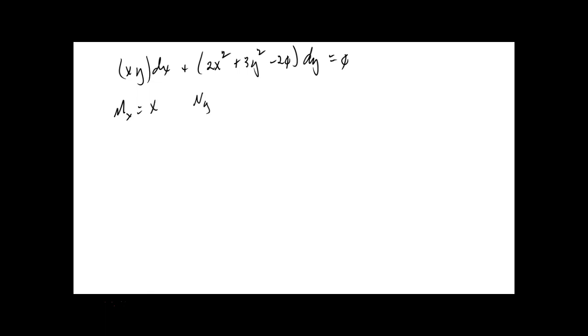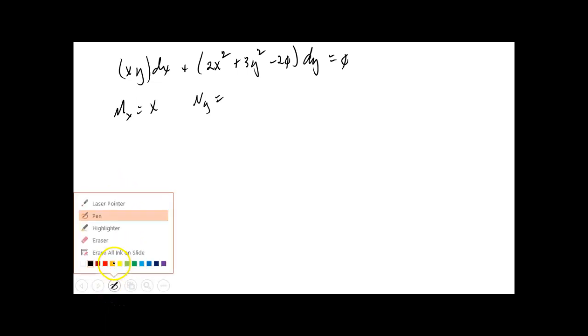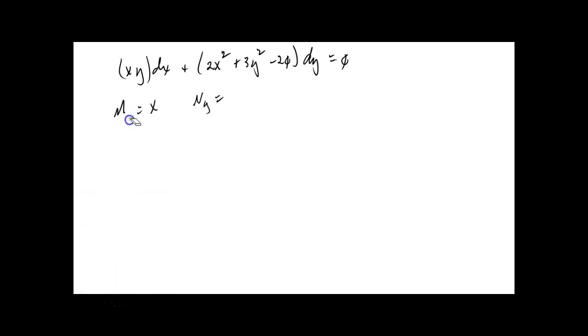Whoa, I messed up. We're taking the partial with respect to the other variable, remember? This is with respect to y, and that's why it's x. This is with respect to x. And what would that give us? 4x. And that on the end? Minus 20. Oh, minus 20. I slashed my 0. Sorry about that.